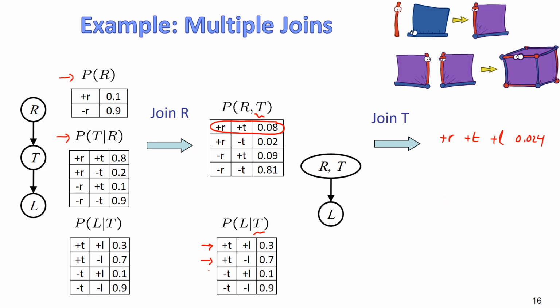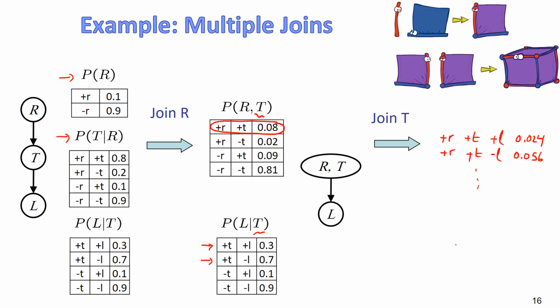Then this row with this row. So that will be plus R, minus T, plus T also, and minus L. So that will be 0.08 times 0.7, which is 0.056. Right? I guess that. Yes. So that's how we do the join on T.